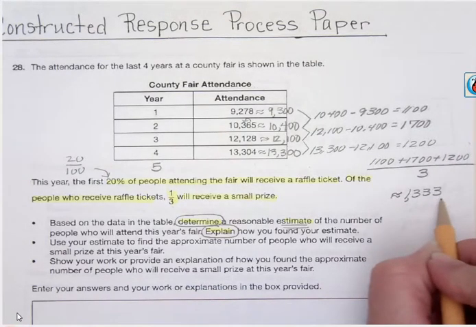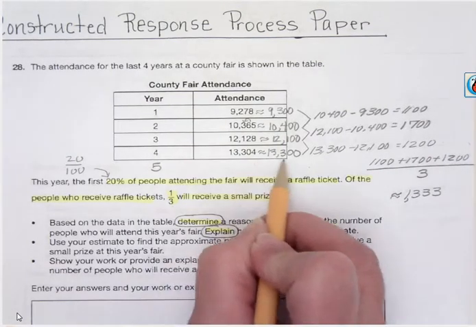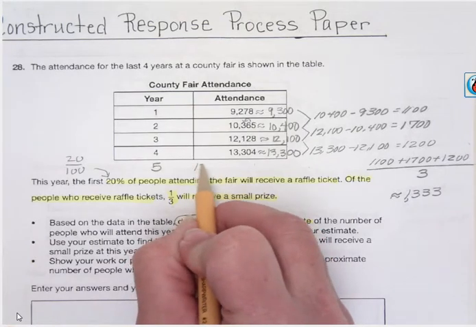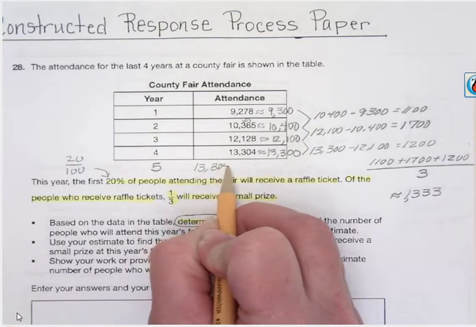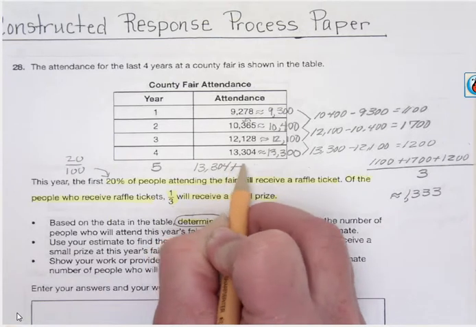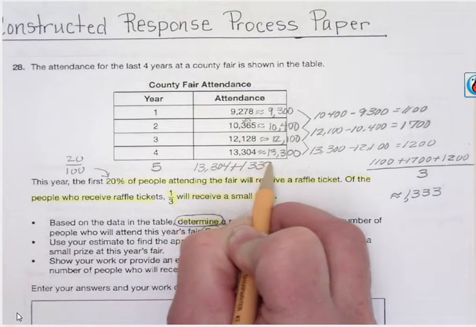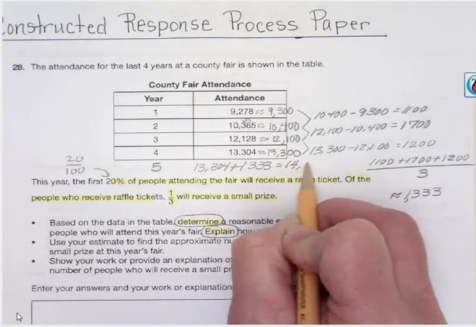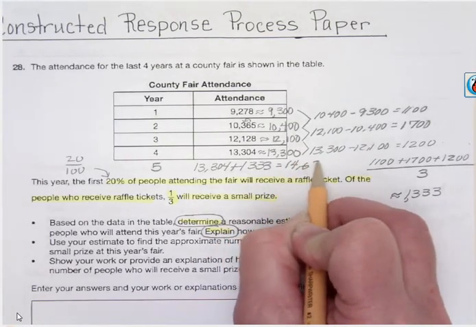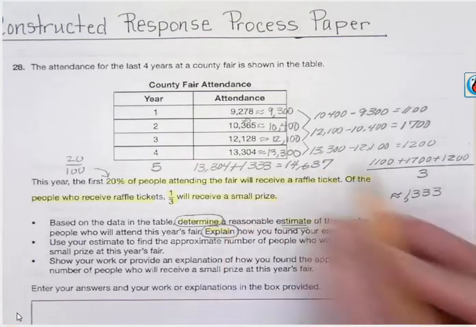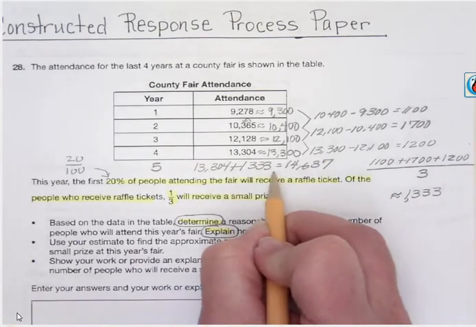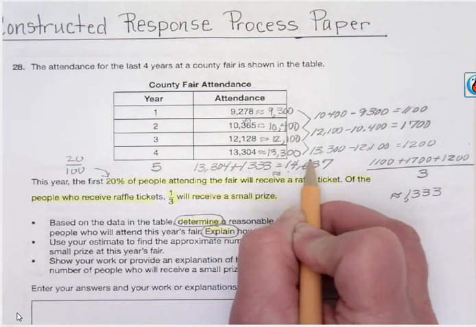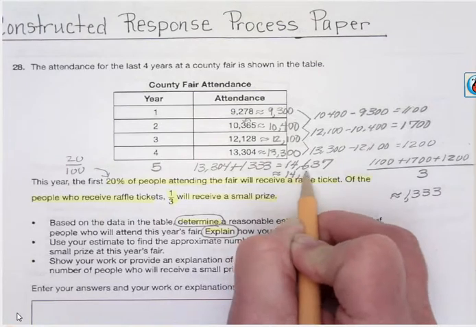increase per year. So all I need to do now is go to my 13,304 from year 4. I'm going to add my 1,333 and discover that a good estimate for year 5 would be about, we'll go ahead and round that one as we did the other one, 14,600.